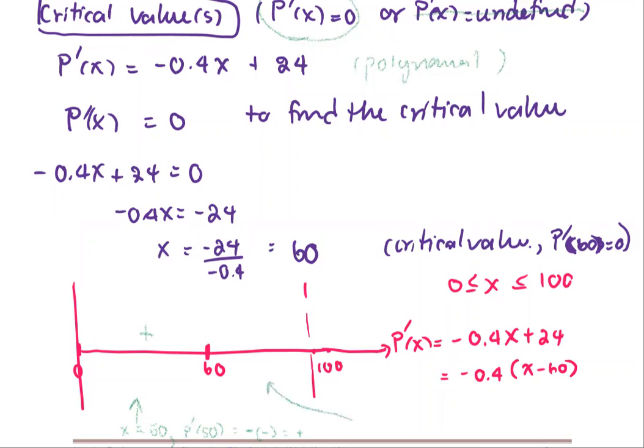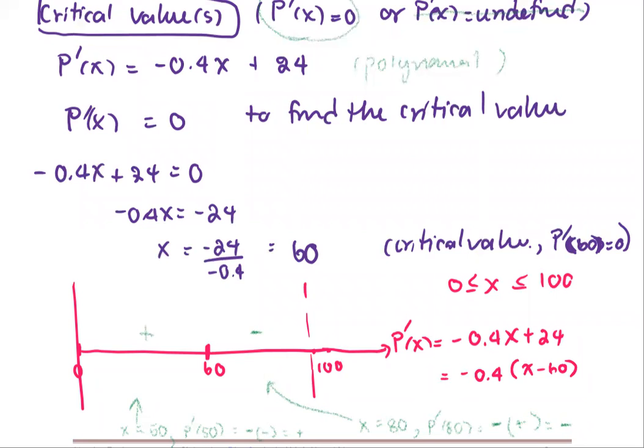For the other interval, pick a number, for example x = 80. You can pick any number greater than 60 but less than 100. P prime at 80, consider the sign again. Do not worry about the exact quantity. Negative 0.4 remains negative, and 80 minus 60 is positive. You get a negative sign for the derivative of the profit.